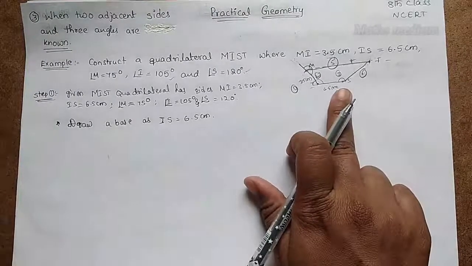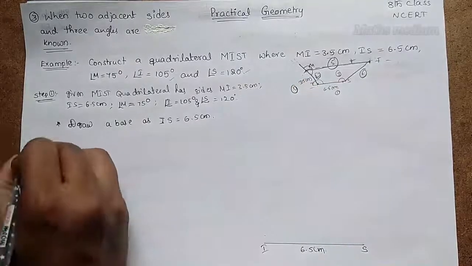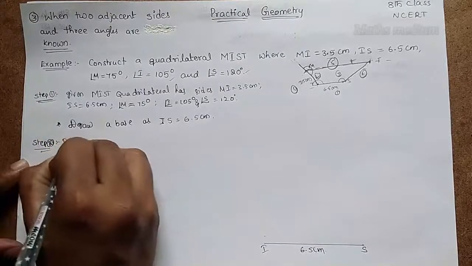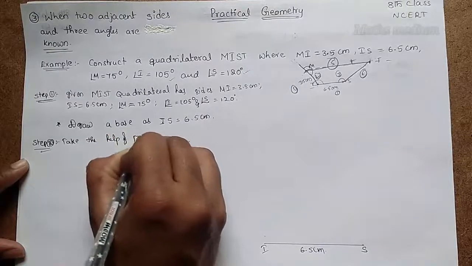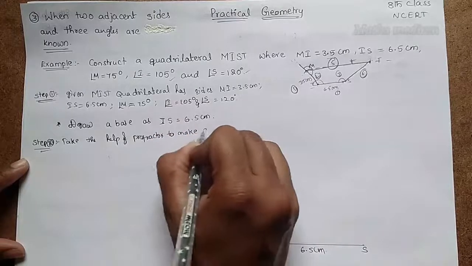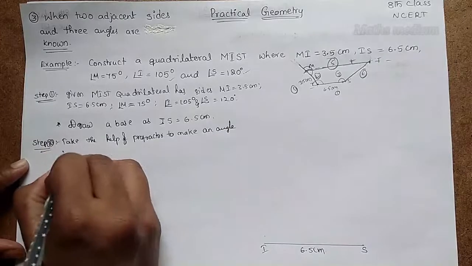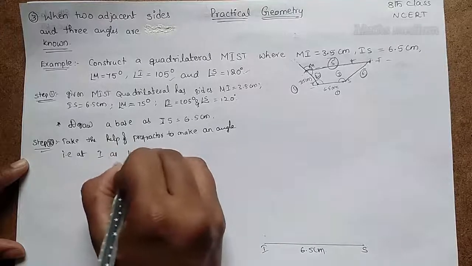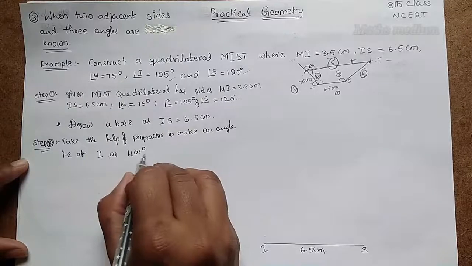Next, coming to step 2, we have to construct an angle. Take the help of a protractor to make an angle at I as 105 degrees.